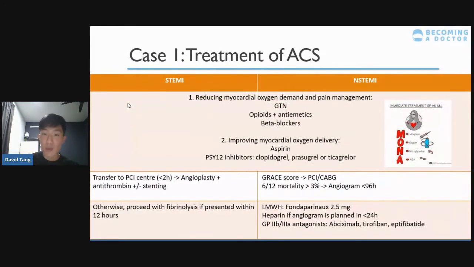So now the important bit is about how you treat after you recognize an ACS. For your level, especially even as a foundation trainee, most importantly, you need to know the common pathway of treating myocardial infarction. And traditionally in medical school, you'll be taught the acronym MONA.